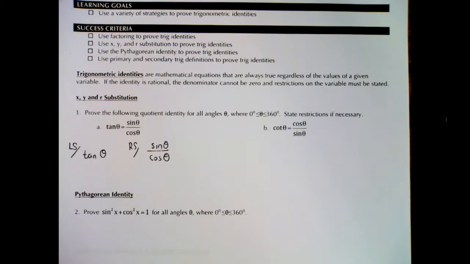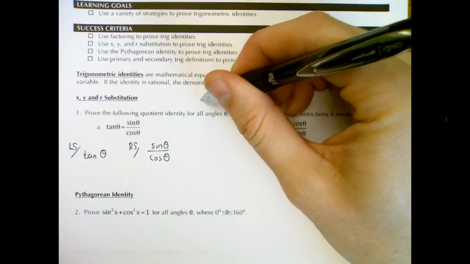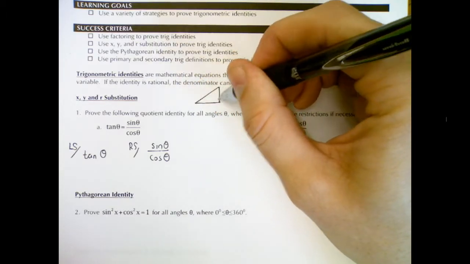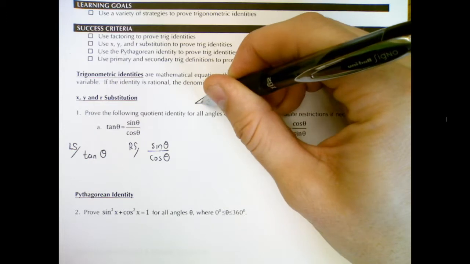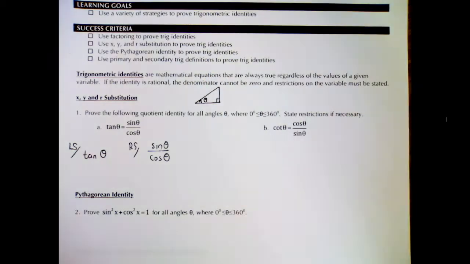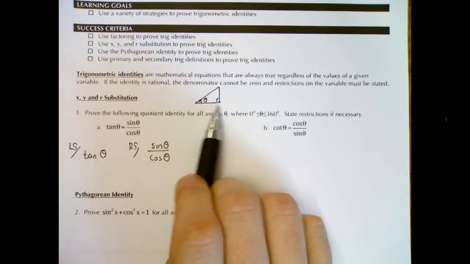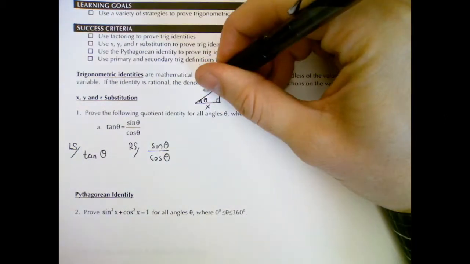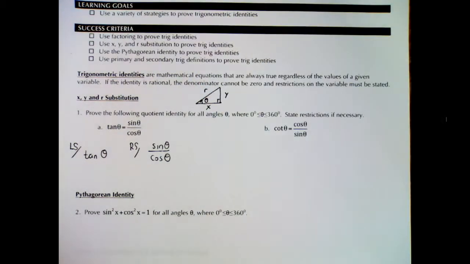And the way we're going to turn it into tan is we're going to use x, y, and r to represent opposite, adjacent, and hypotenuse. And if you don't remember which one's which, well, I'm going to draw you a nice little triangle here. If we had a triangle on the Cartesian plane representing an angle from standard position, the x would be the horizontal, the y would be the vertical, and the r would be the hypotenuse.